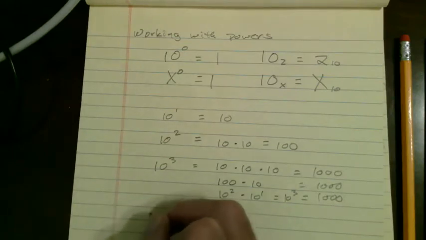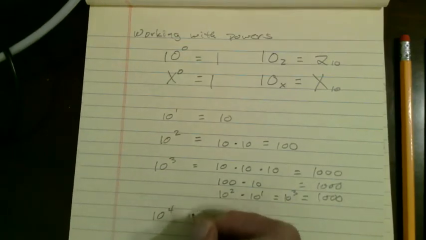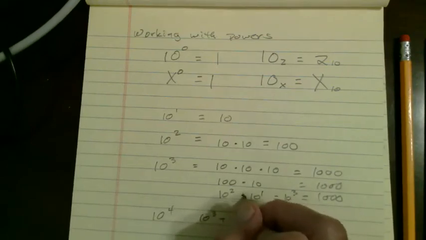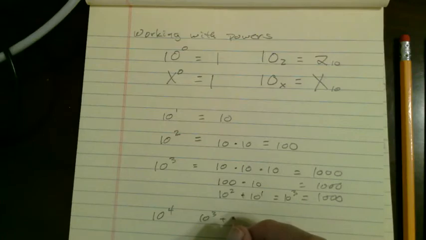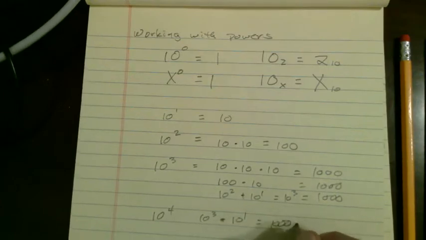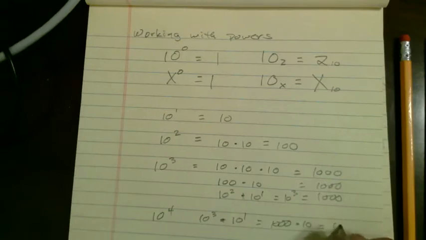So likewise, if I do 10 to the fourth, it's the same as taking 10 to the third times another 10 to the first. So I'd have 1000 times 10, or 10,000.